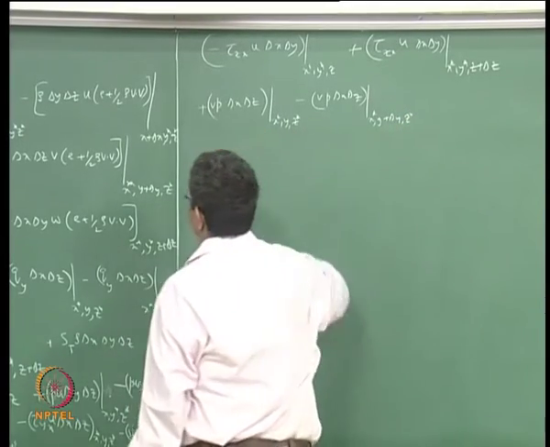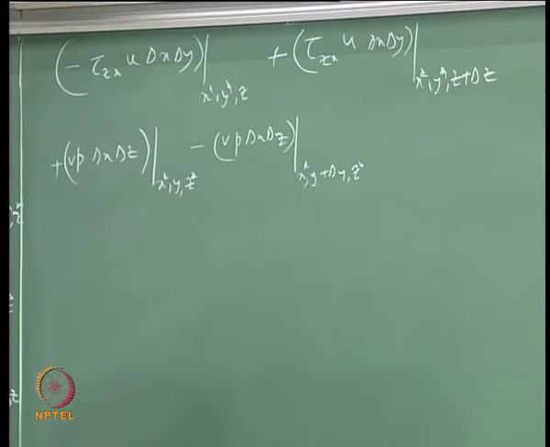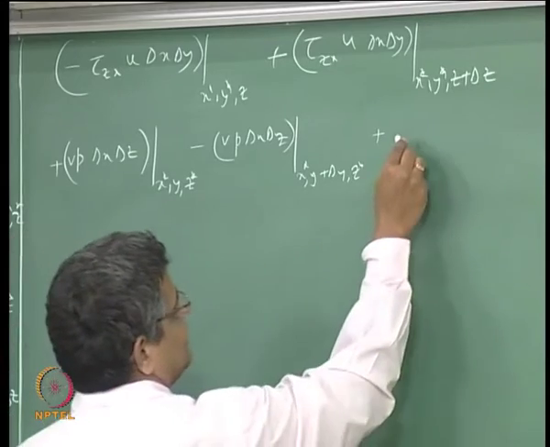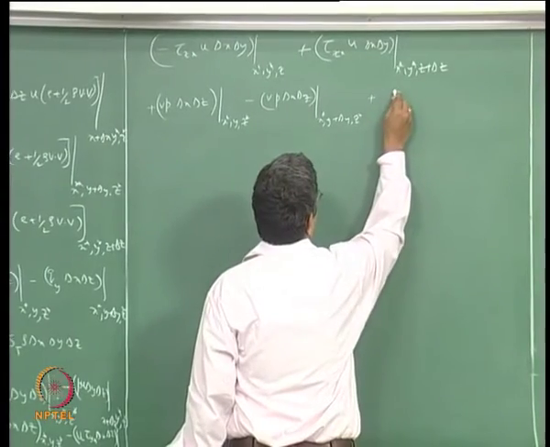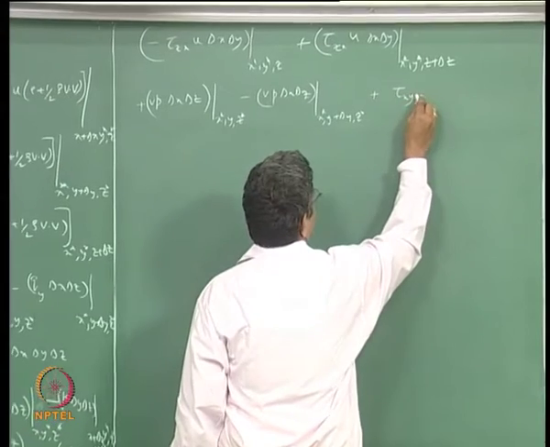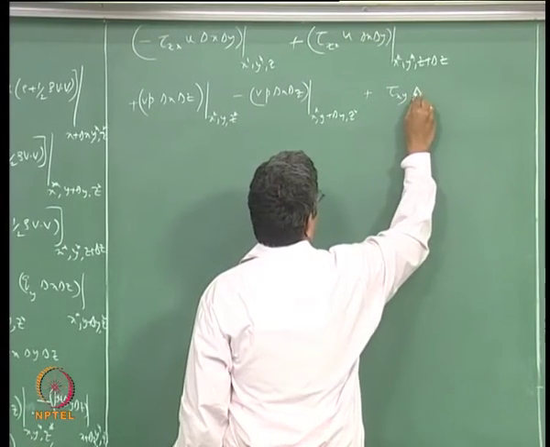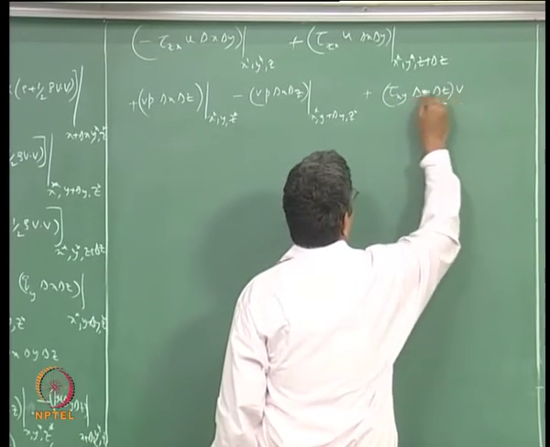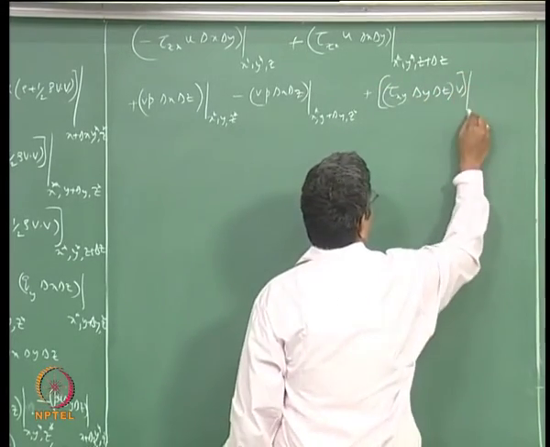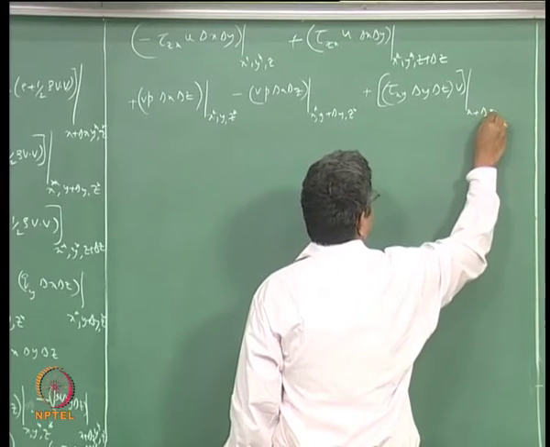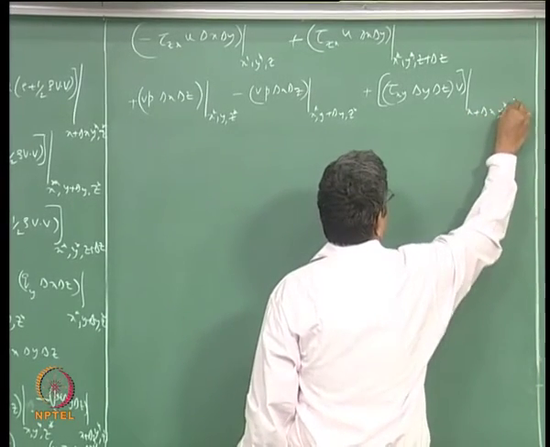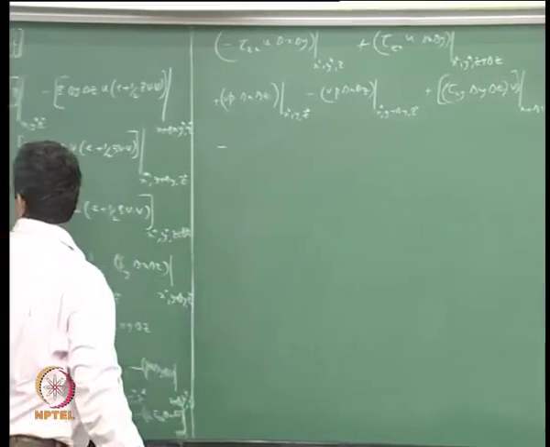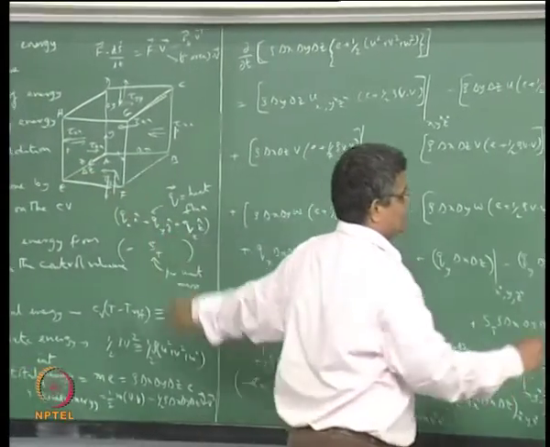So these are the 2 pressures, and for the stresses, if you consider the positive x face, then that is tau xy times the area, which will be delta y delta z, multiplied by v, and this whole thing is evaluated at x plus delta x, y star, z star, and the same thing on the negative x face will be acting in the negative y direction.